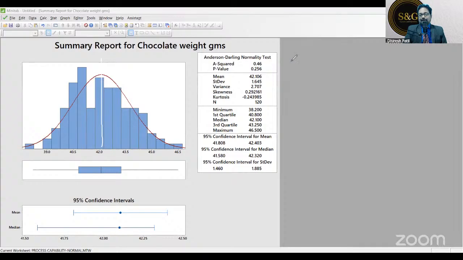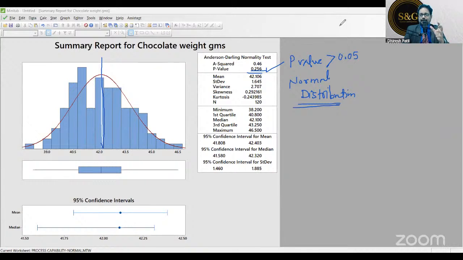But when the p-value is greater than 0.05, then it is called normal distribution. Normal distribution means the symmetrical distribution, where mean, mode and median are in the center and very close to each other. You can see the symmetry happening. It's called normal.